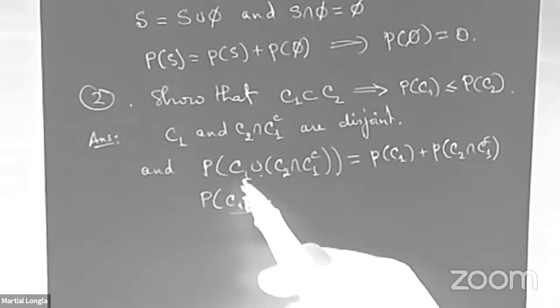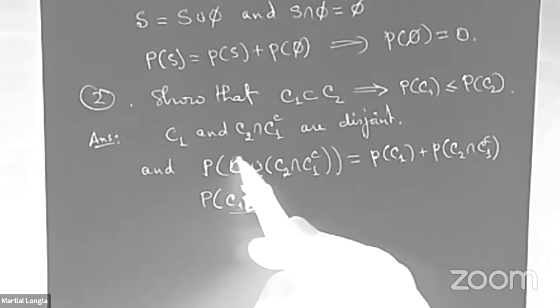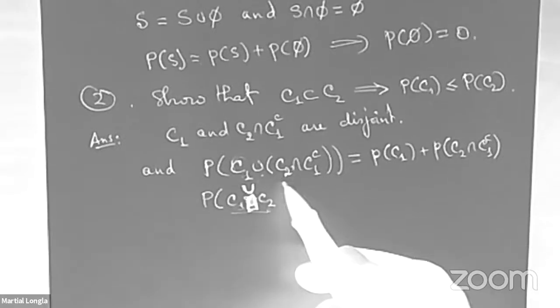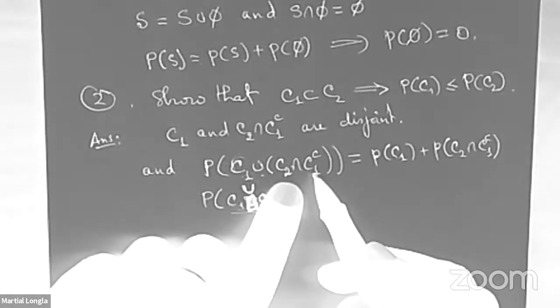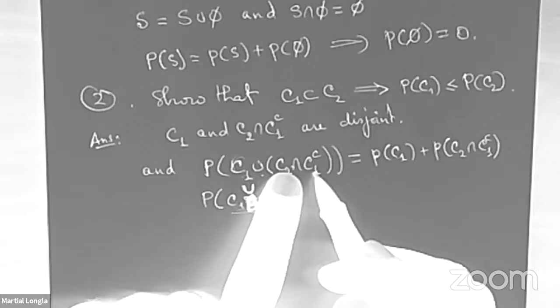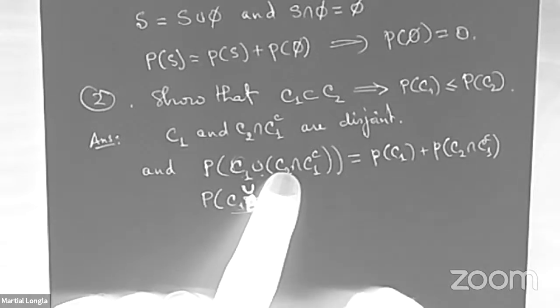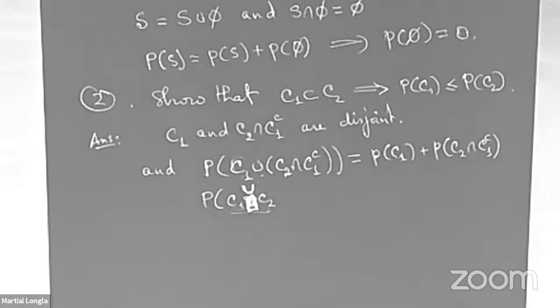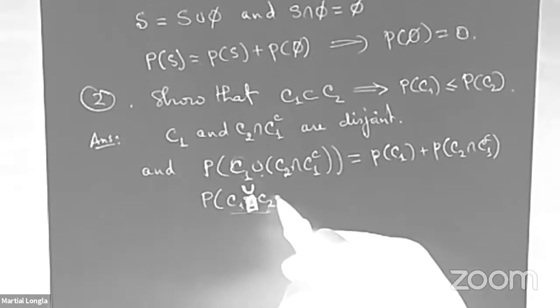Why? Because all elements of C1 are in C2. And if we take the elements of C1 and we add the elements of C2 that are not in C1, what do we get? We get C2, right? That's the thing.